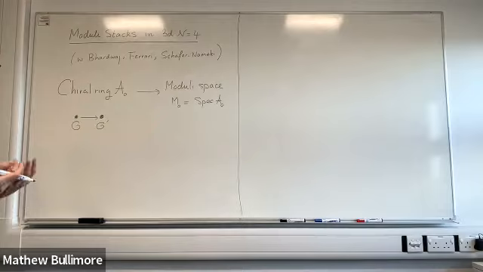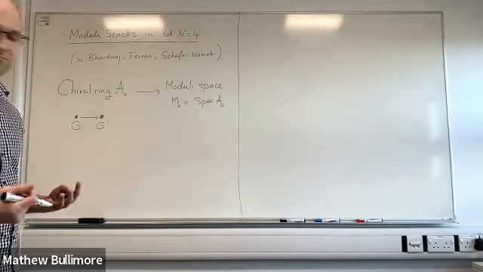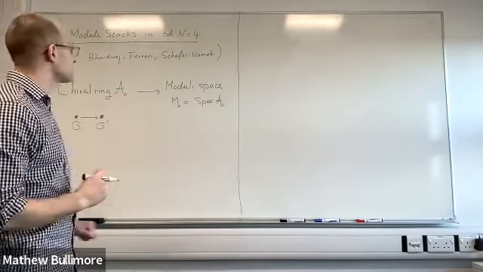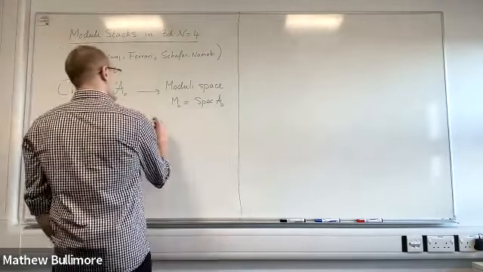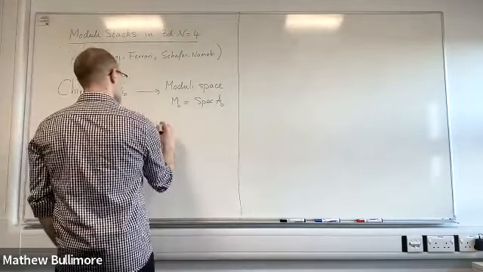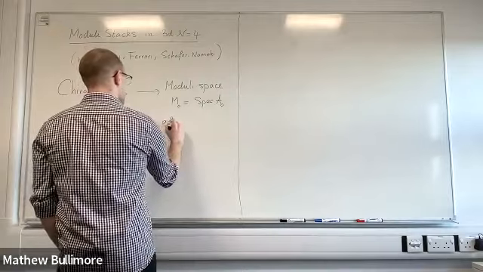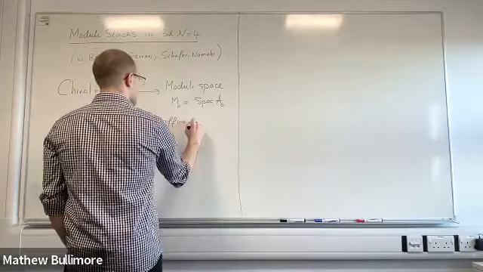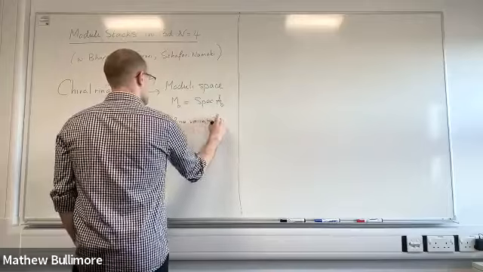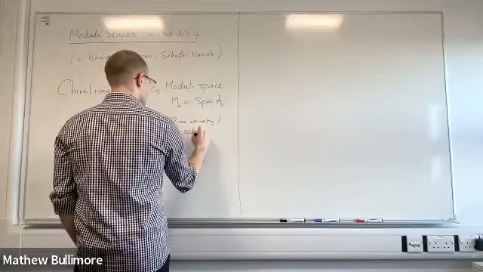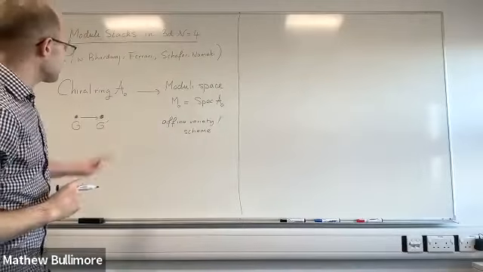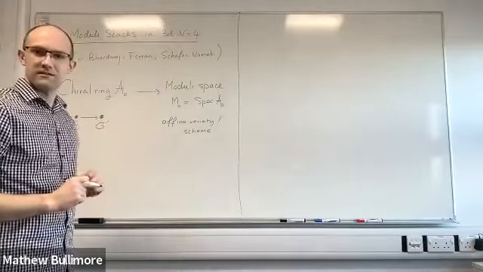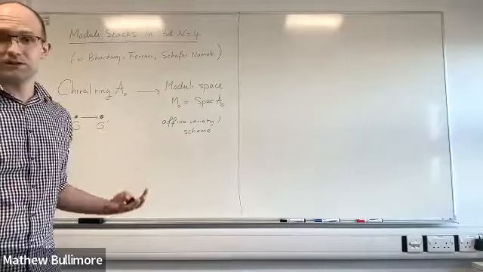We think about local operators as functions. In this case, it will be algebraic functions on some moduli space. And in that way, we produce a moduli space, which is something like an affine variety, or even a scheme, perhaps.